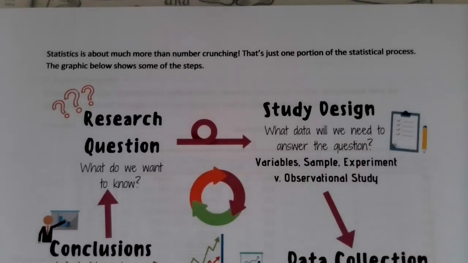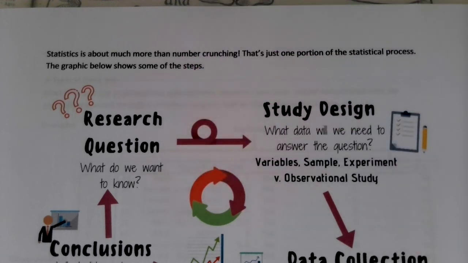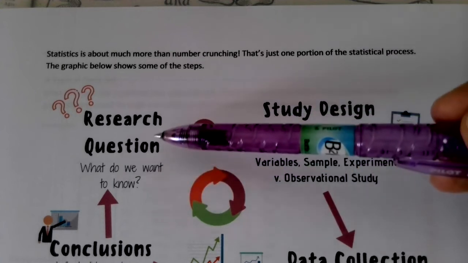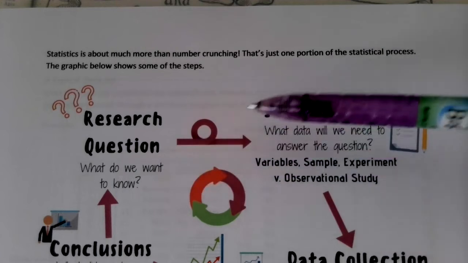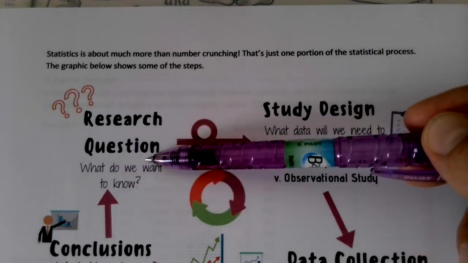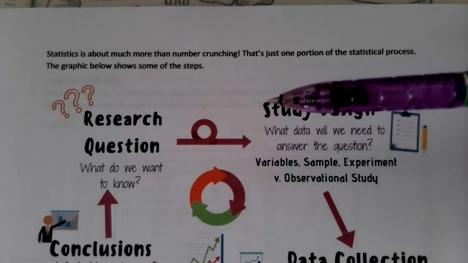Now let's talk a little bit about the statistical process. First, we have a question that we want to figure out. This is a research question. What do we really want to know? Once we figure out what we want to learn, for example, I could ask how far students in general in San Diego, let's make it about the entire population of students in San Diego, travel to the colleges normally.